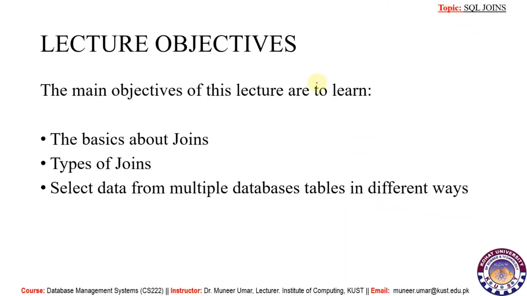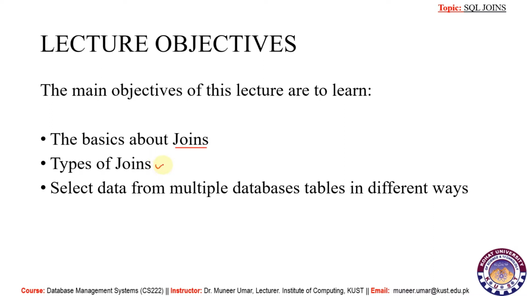The main purposes of this lecture are to learn the basics of joins: what are joins, why we use joins, and without joins what will happen, or simply, what would be the advantages of using joins in our queries. Then we will also look into the types of joins.